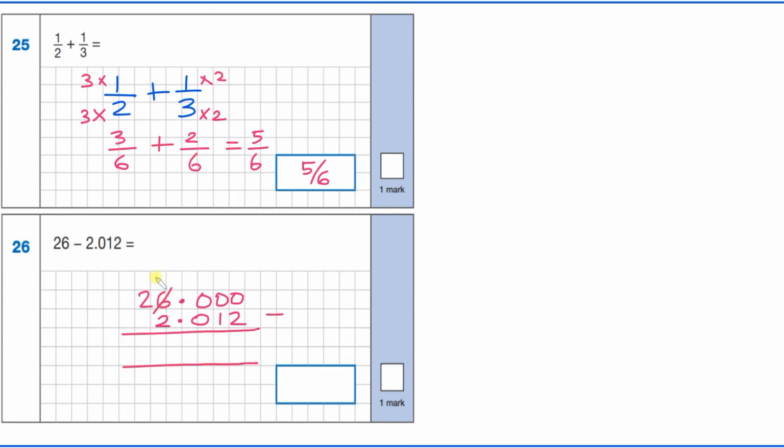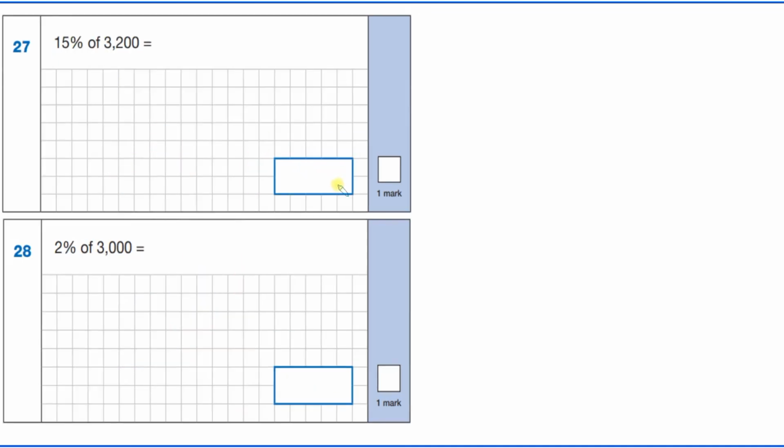Now 6 becomes 5, and this becomes 10, and cross it off, 9 becomes 10, cross it off, 9 becomes 10. 10 take away 2 is 8, 9 take away 1 is 8, 9 take away 0 is 9, 5 take away 2 is 3, decimal, and 23 point. So that is the answer, 23.988. So copy that one here, 23.988.